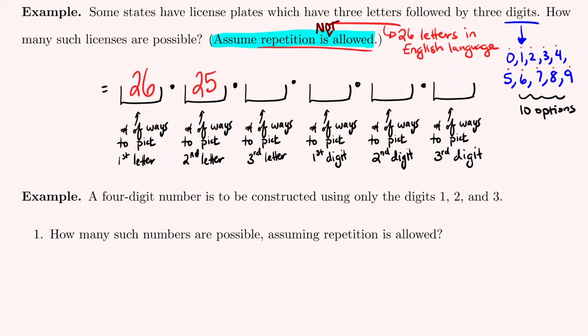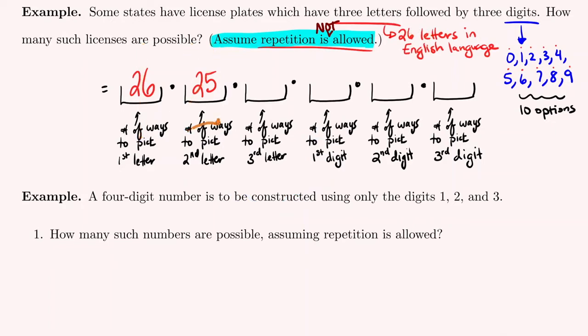Okay, follow a similar train of thought and think, how many ways could you pick the third letter if we're avoiding repetition? Okay, originally there were 26 letters available. However, I've already used up one and then two of the 26 letters available.